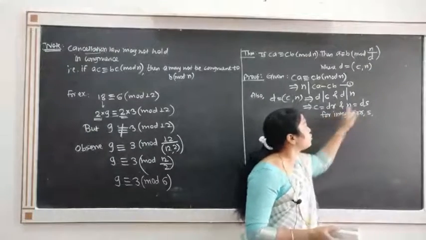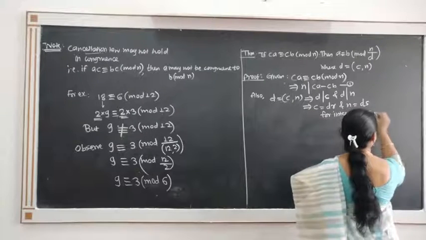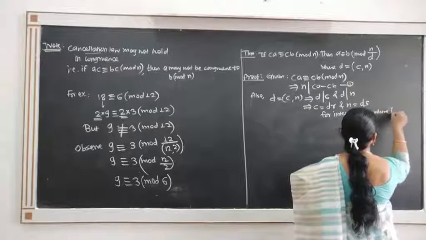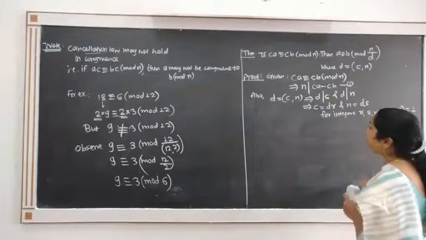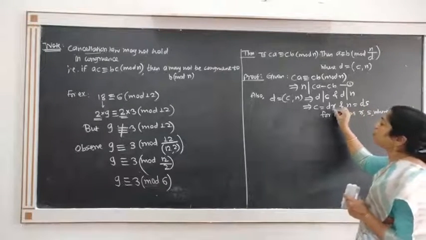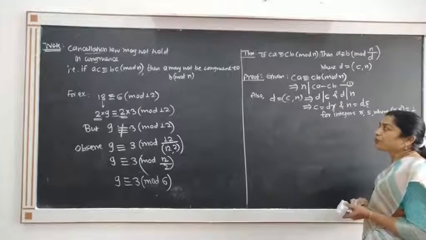So obviously there is no number common to R and S, where GCD of R and S comes to be 1 because D is the greatest common divisor. There will be no common divisor in R and S, so they are relatively prime.